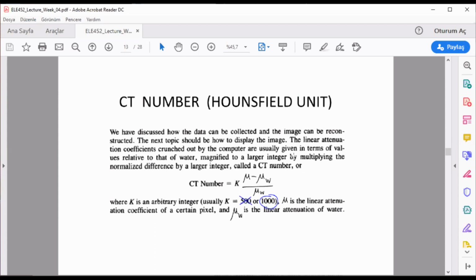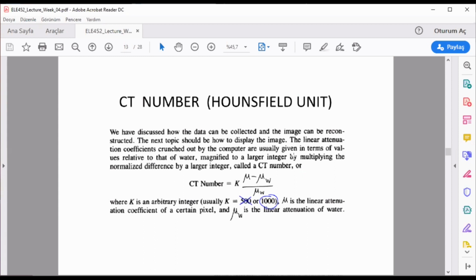That CT number is a kind of normalization of the X-ray absorption compared to water. So the CT number formula is a very easy formula. There's a constant K times the difference in X-ray absorption coefficients, denoted by the Greek letter mu, over the X-ray coefficient of water. Usually K is 500 to 1000 in that book.